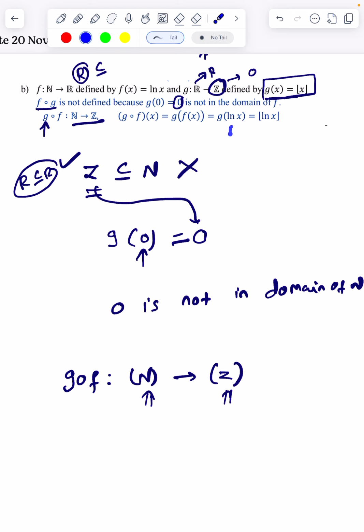After plugging in, we have g of ln x. Now g of x is also defined, so in place of x we substitute ln x. This gives the greatest integer of ln x. We got our composite function answer. In this way we can find it.